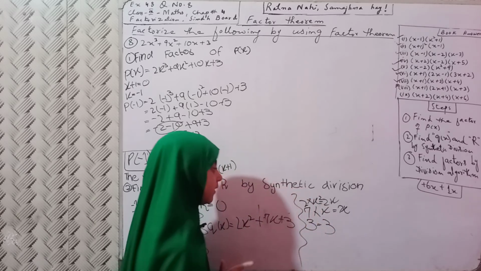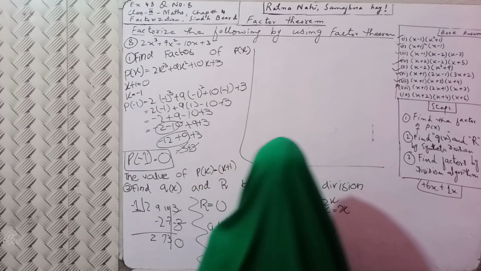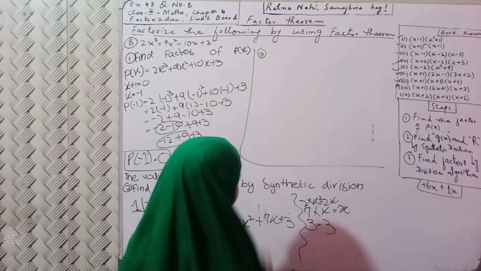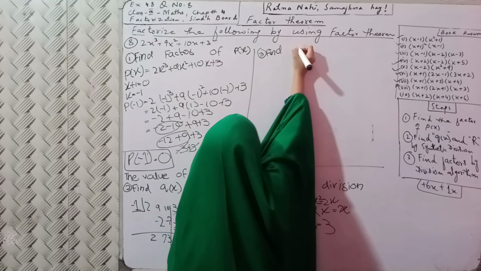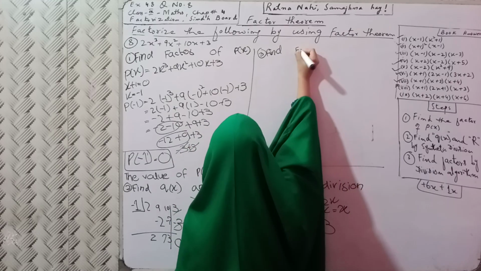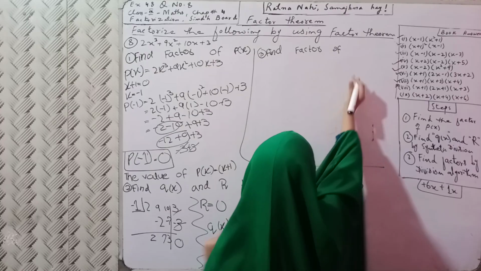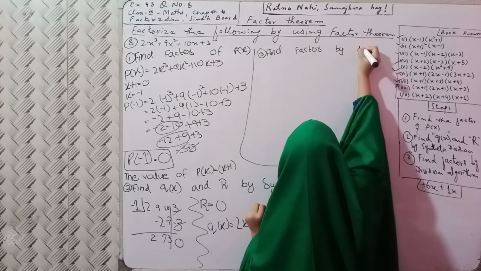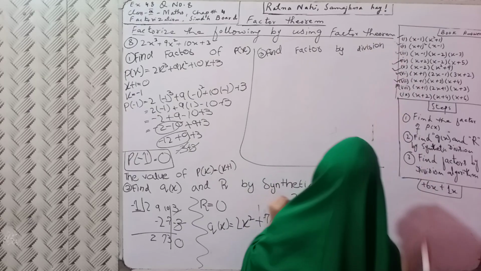Now we are going to do the third step: find the factor by division.